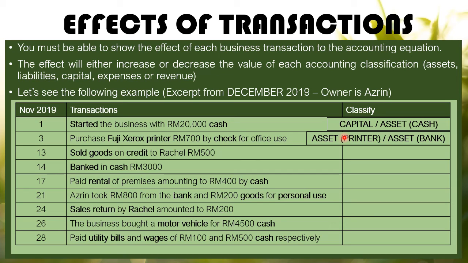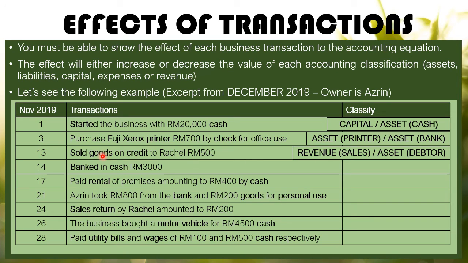Kalau kita sold goods on credit to Rachel, so the word goods here represent inventory ya, inventory. So maksudnya saya jual inventory saya kepada Rachel dalam bentuk kredit berhutang. The word credit means hutang. Mana Rachel tak bayar lagi hutang kat kita. Dia ambil barang dulu, dia bayar kemudian. So the classification involved here would be revenue.